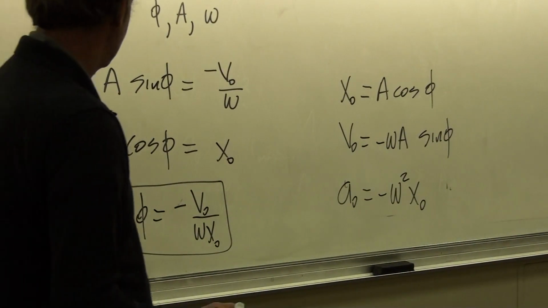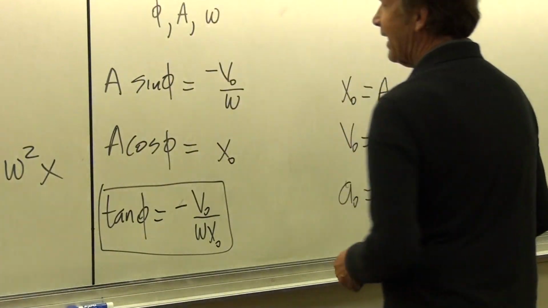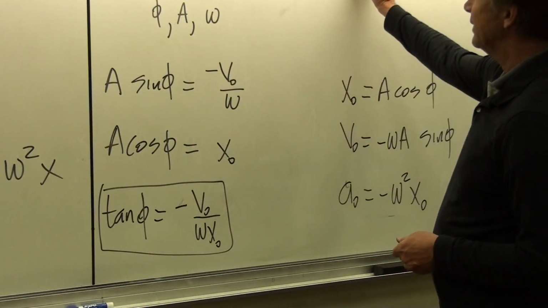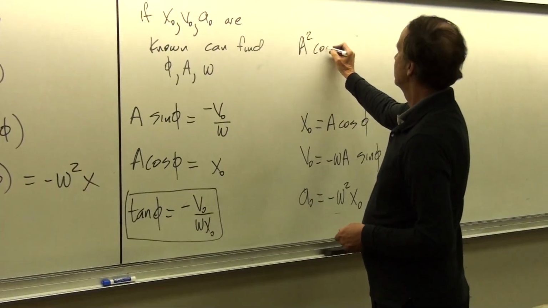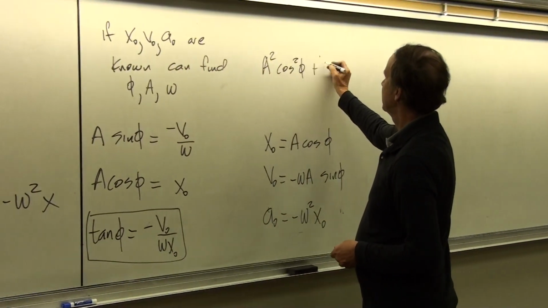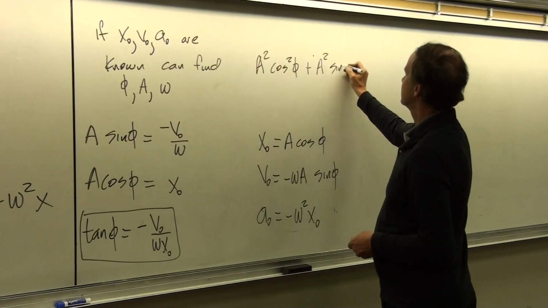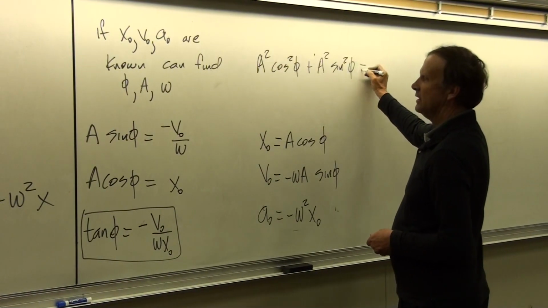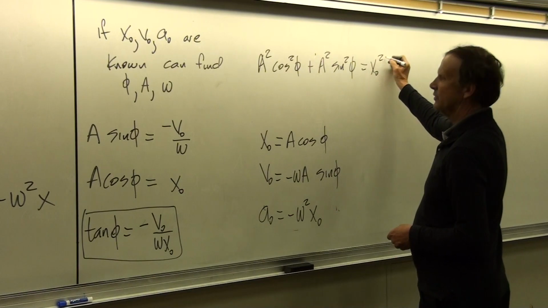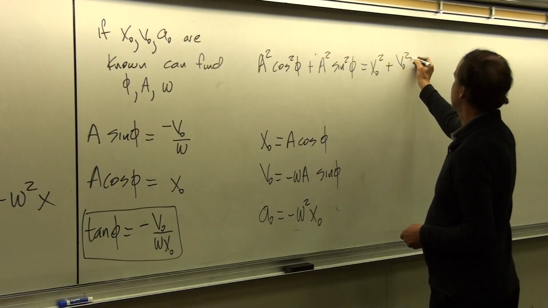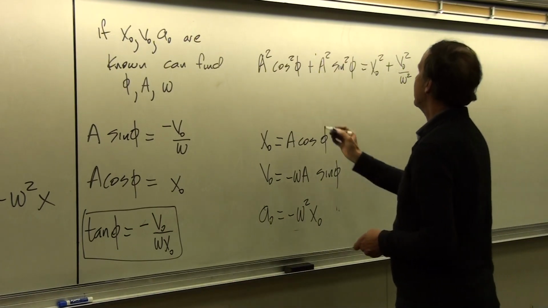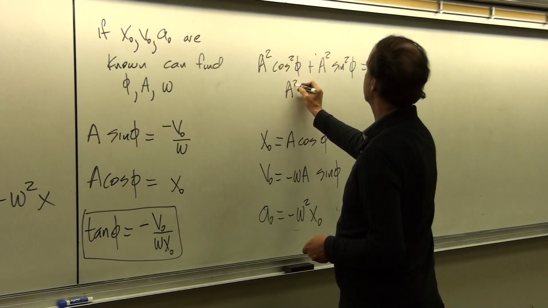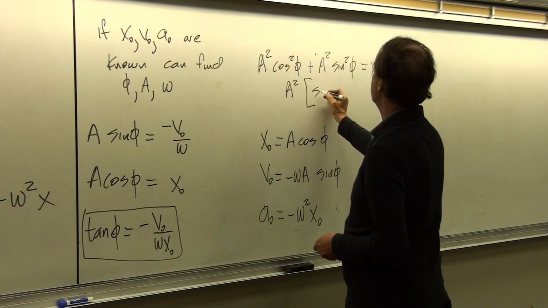So I'm not done yet though. I've got two other conditions. I can take these two equations, square them, and add them. So that gives me A squared cosine squared phi plus A squared sine squared phi equals x naught squared plus v naught squared over omega squared. And then I can factor out the cosine squared plus sine squared.